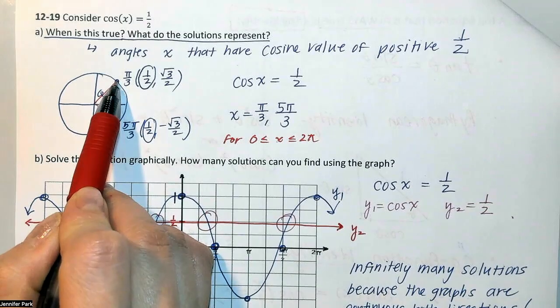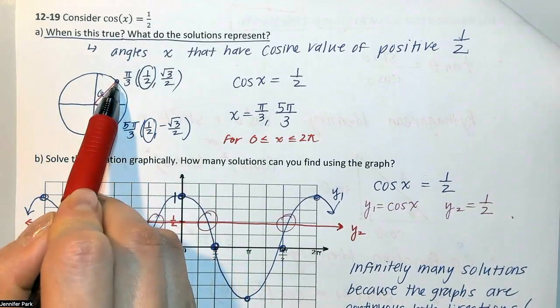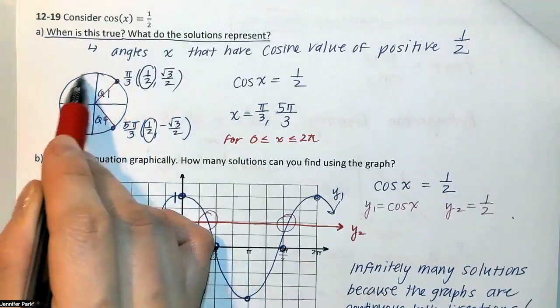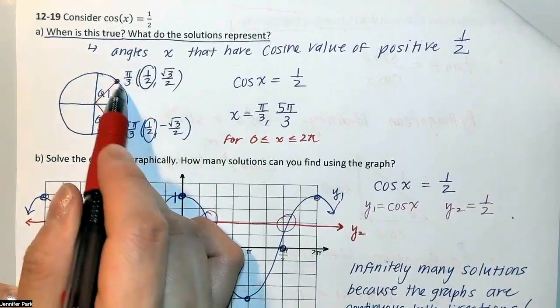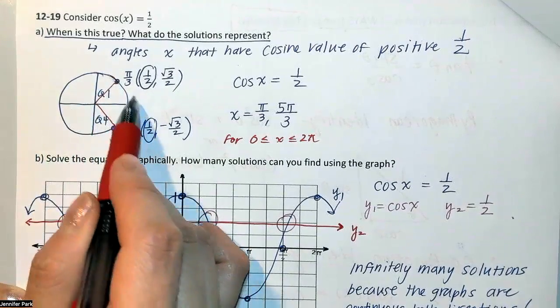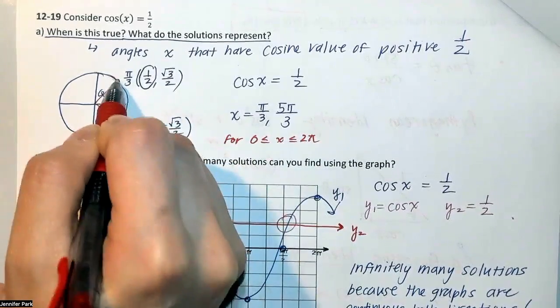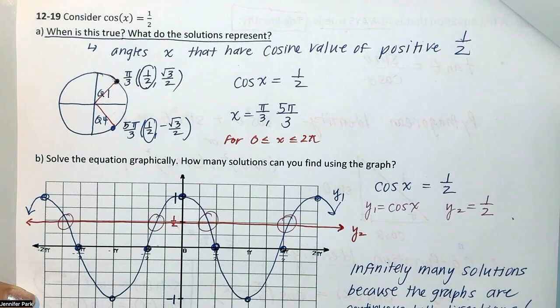From pi over 3, you can go around the full circle again and come back to it. Add 2 pi, going around 360 degrees one more time. Add another 360 degrees, and another. You can keep going around the full circle, and you will still come back to that position that will always have a cosine value of 1/2.